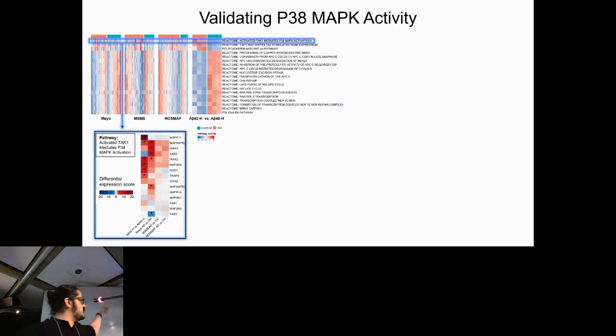So we decided to test this top pathway, which has been known to have pathogenic roles in Alzheimer's disease. And we hypothesized that if we target the same pathway in the cellular model, because it is similar to human brains, we should see amelioration of Alzheimer's disease pathology.